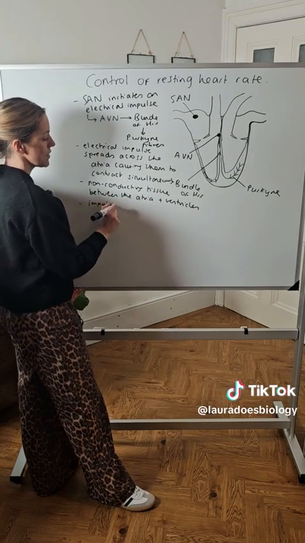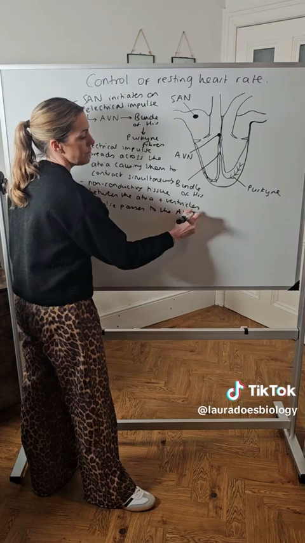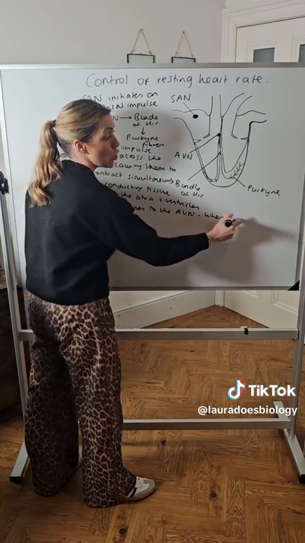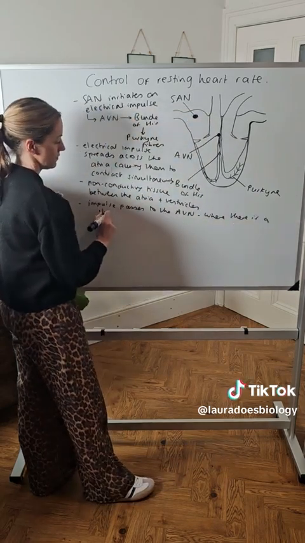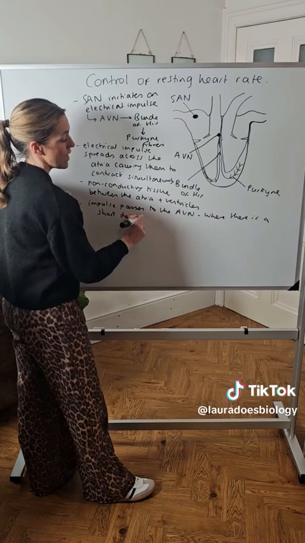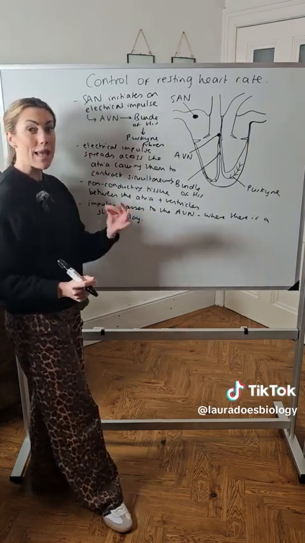So the impulse passes to the AVN, and we can say there is a short delay. So when it reaches the AVN, there's a very short delay, but you might be asked to explain why.